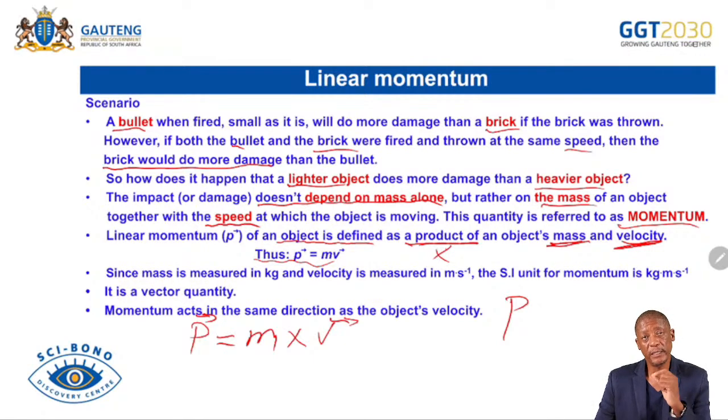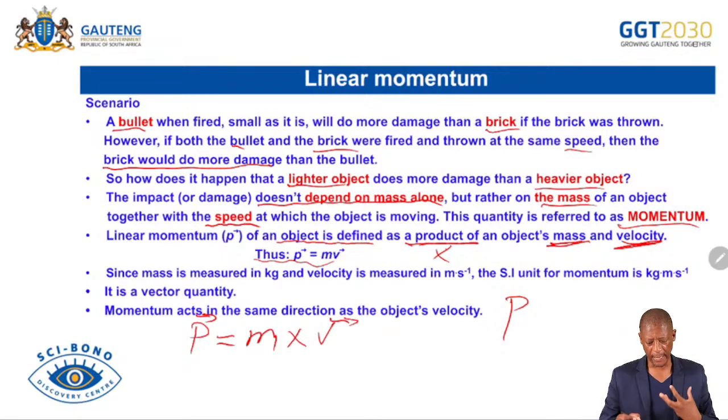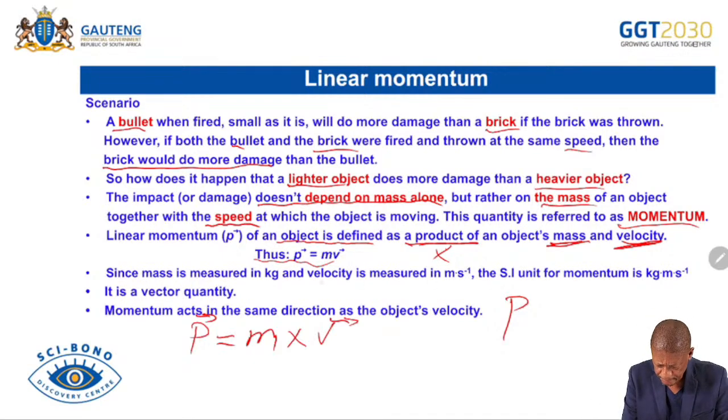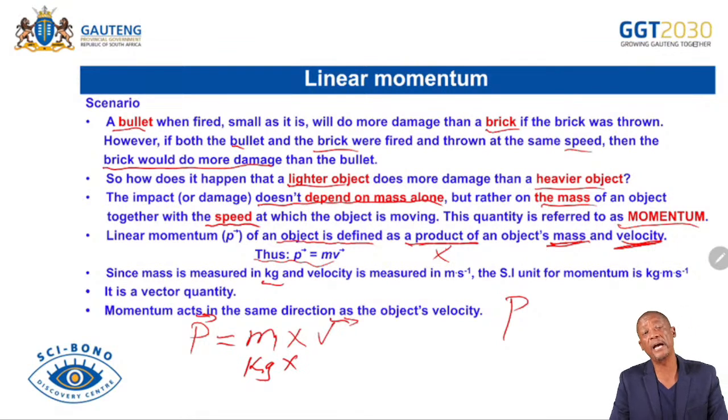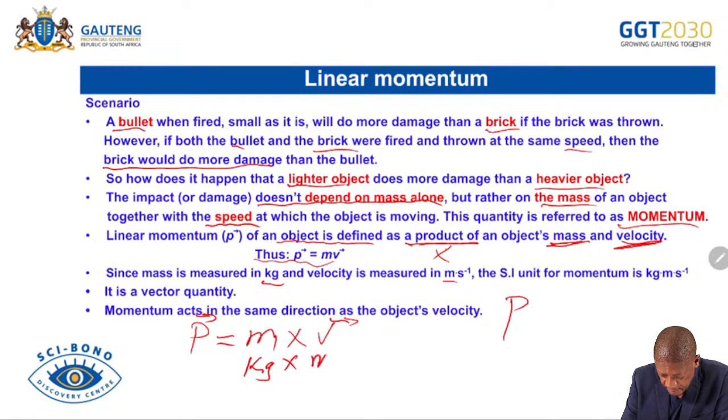However, as we do calculations, at the end, we need to have what? The SI unit. We must know what is an SI unit of momentum. Now, we know for a fact the SI unit of mass is kg, kilogram. Multiplied by the SI unit of velocity, which is meters per second.